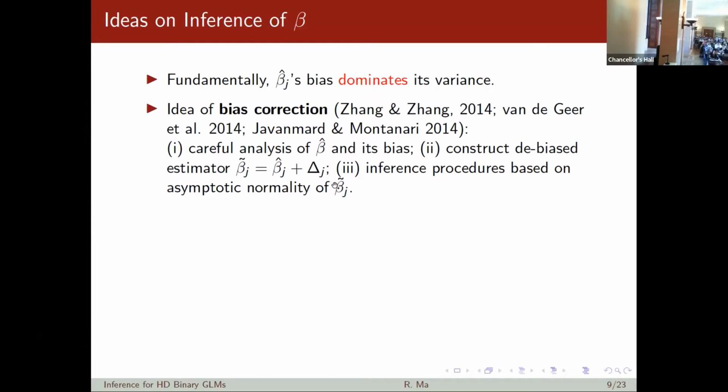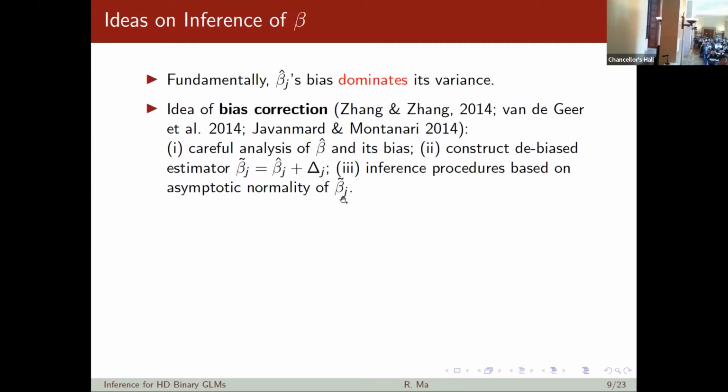Basically, one starts by doing a careful analysis of this lasso-type estimator beta hat along with its bias. In the second step, by making use of the mathematical insight obtained from the first step, we construct a so-called debiased estimator beta tilde, which corrects for the bias in the lasso estimator by this debiased term, delta J. Hopefully this beta tilde will have much reduced bias compared to the original estimator.